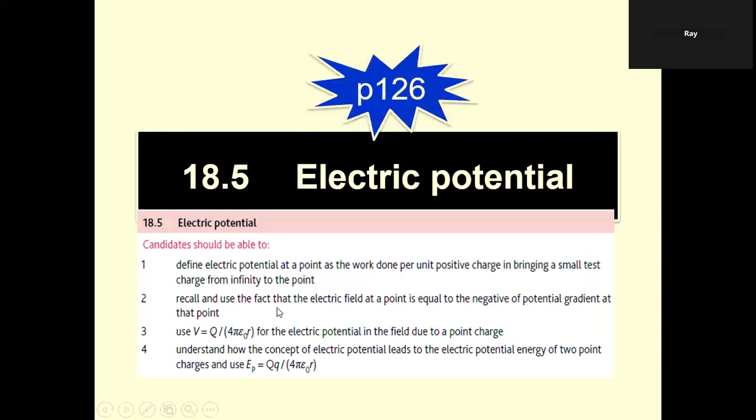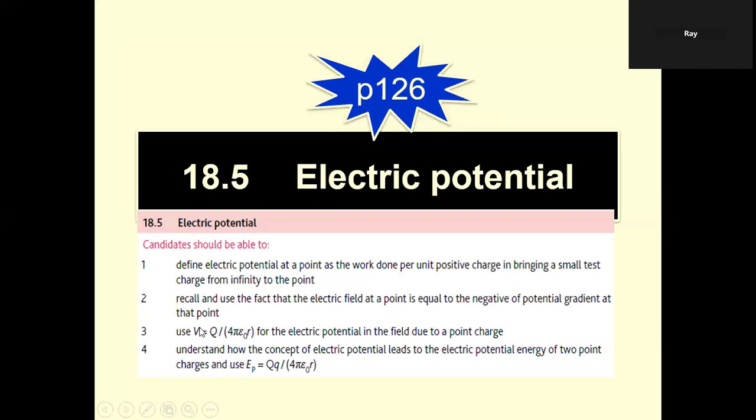Okay, page 126. Electric potential. I must follow the syllabus. Define electric potential at a point as the work done per unit positive charge in bringing a small positive charge from infinity to the point. Recall and use the fact that electric field strength at the point is equal to the negative of potential gradient at that point.